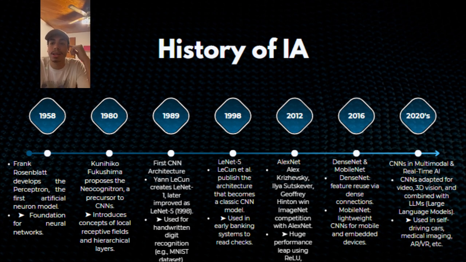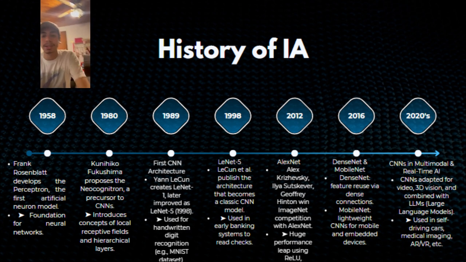In the year 1989, the first modern architecture was created. Yann LeCun created LeNet-1, later improved as LeNet-5 in the year 1998, used for handwritten digit recognition on the MNIST dataset. So, the next step in this history is in the year 1998.